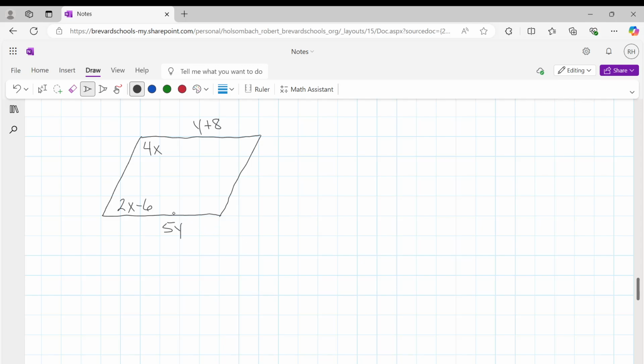All right, so we said yesterday that opposite sides of a parallelogram are congruent. So if we solve for the y first, our 5y is going to be equal to y plus 8. You can subtract y from each side.